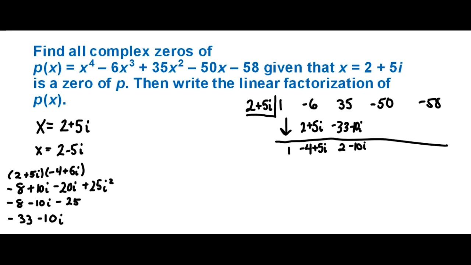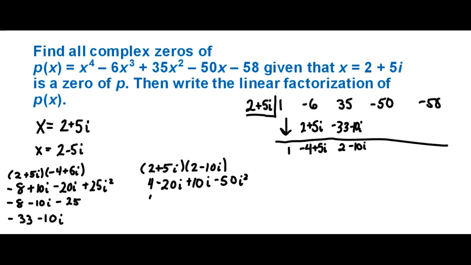And I'm going to have to do the same thing and keep FOILing. So 2 plus 5i times 2 minus 10i is going to give me 4 minus 20i plus 10i minus 50i squared.